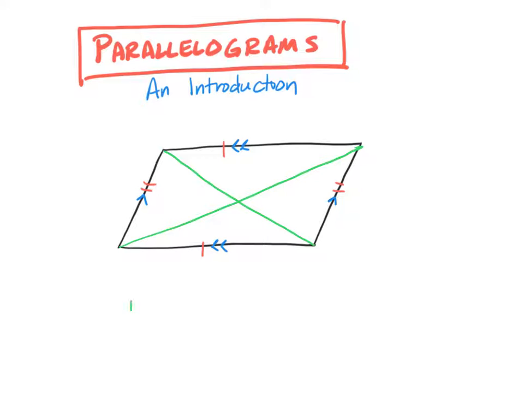So write this down here: diagonals bisect each other. So that means that these would be equal, and also those would be equal.